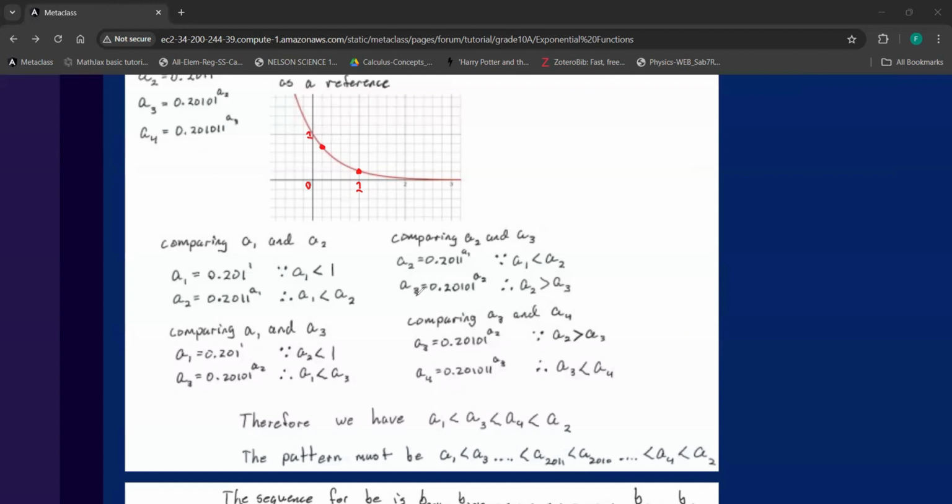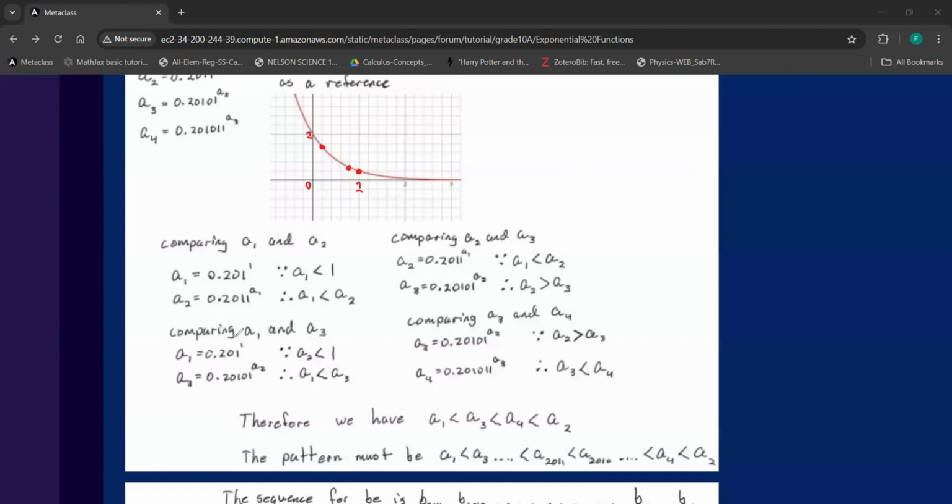Because it is somewhere close to 1, we can estimate A3 is somewhere here. So that means that A2 is greater than A3. Well now we know that A2 is greater than both A1 and A3, but we don't know the order of A1 and A3, like which one is smaller, which one's bigger.